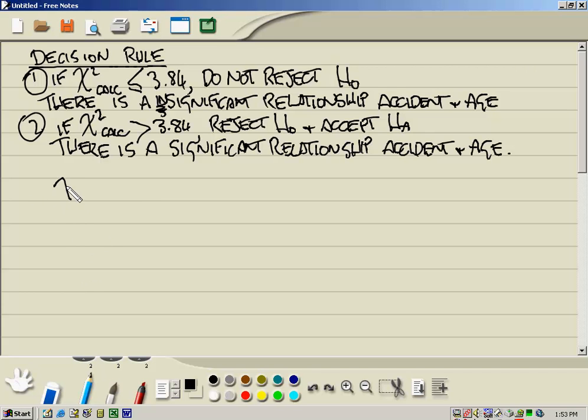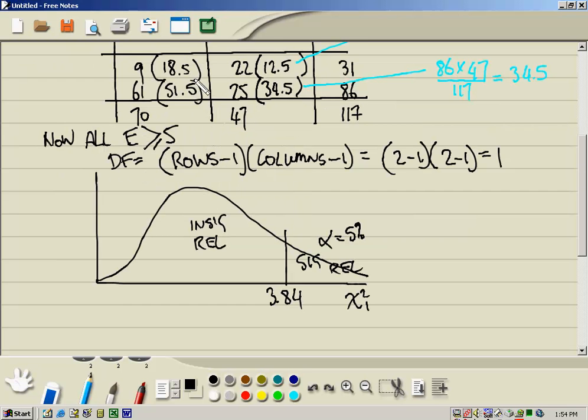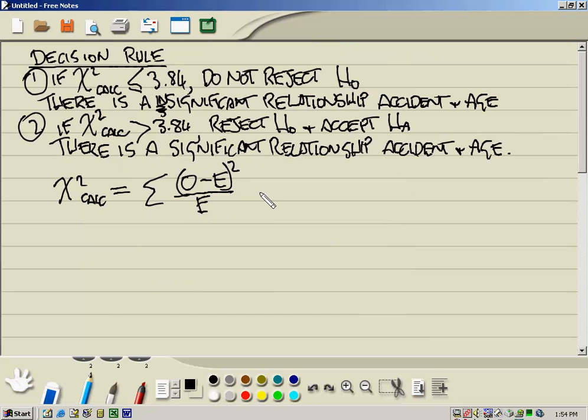Alright, so now it's time to do the calculated value of chi-squared. It's the summation of the expression observed minus expected squared divided by expected. So first cell is 9 observed, 18.5 expected, so it's 9 minus 18.5 squared, divided by 18.5.